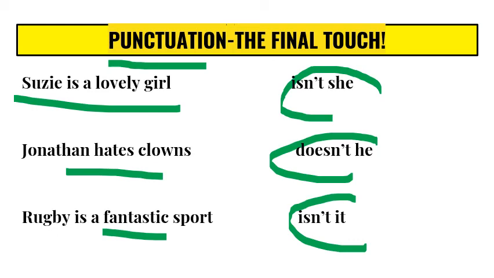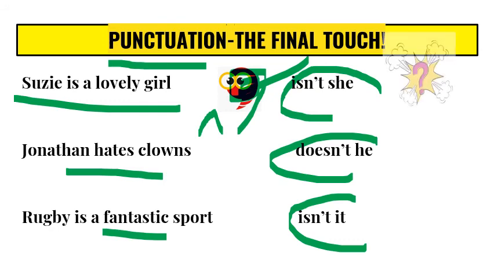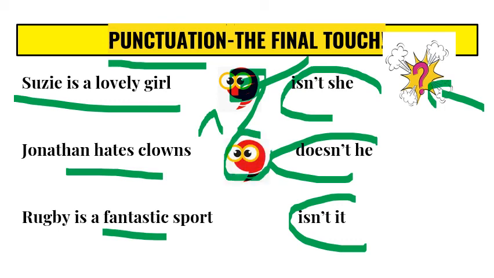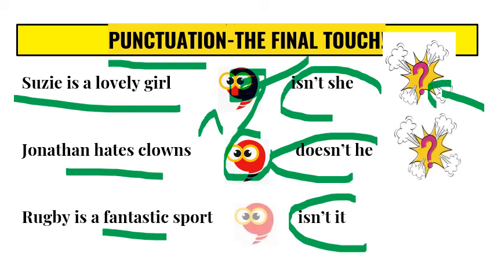So between my statement and my tag, I always need to insert a comma. Susie is a lovely girl, comma, isn't she? And in order to make it a question, don't forget your question mark. Jonathan hates clowns, comma, doesn't he? Question mark. And rugby is a fantastic sport, comma, isn't it?